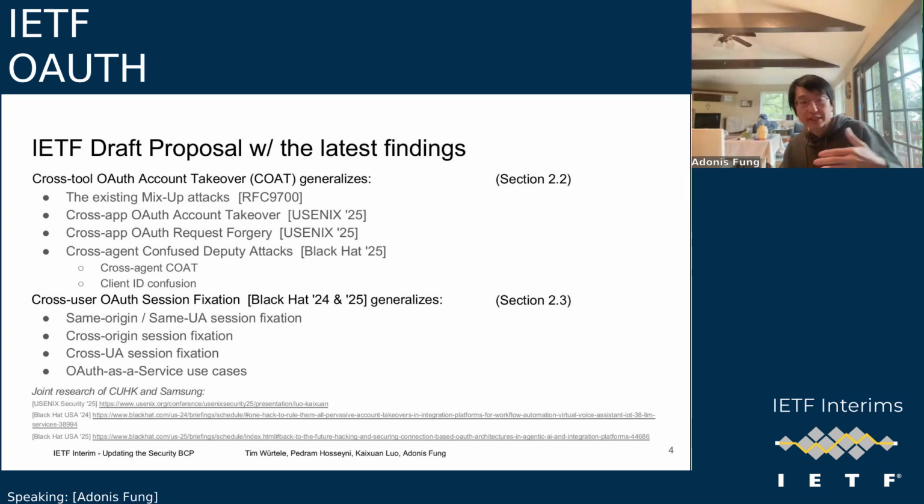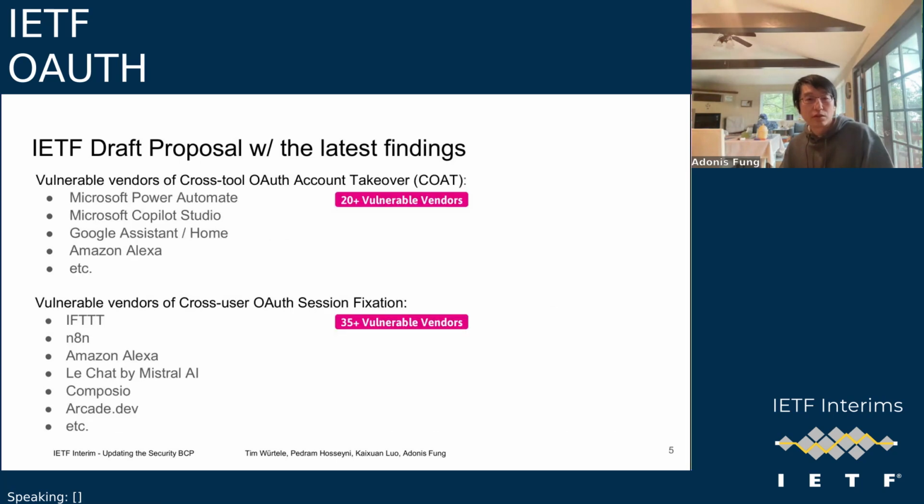Of all these attacks, they have a lot of implications. We find these different variants of attacks in basically 20 plus platforms. All big names include Microsoft, Google, Alexa, OpenAI, for the first category of attack.